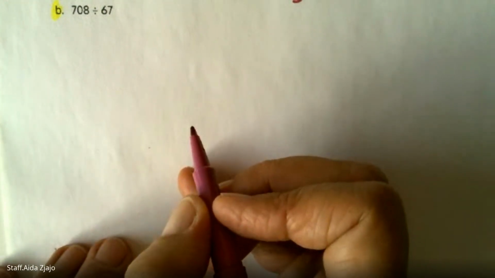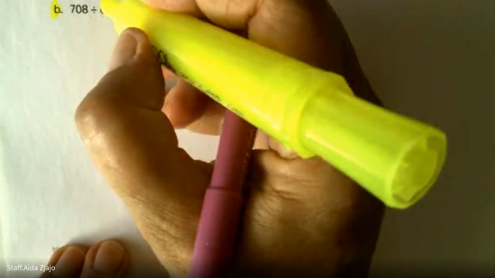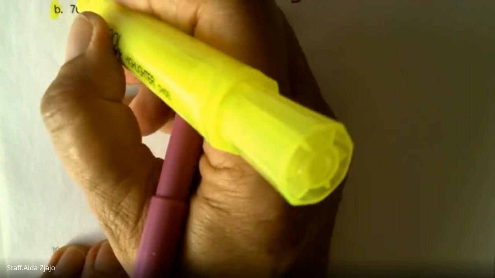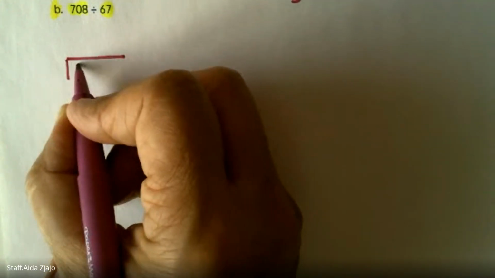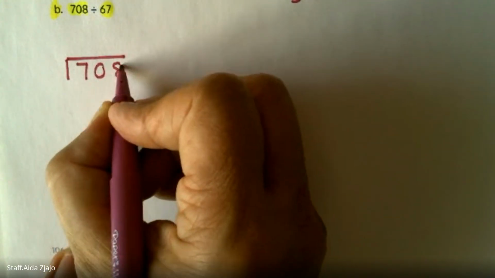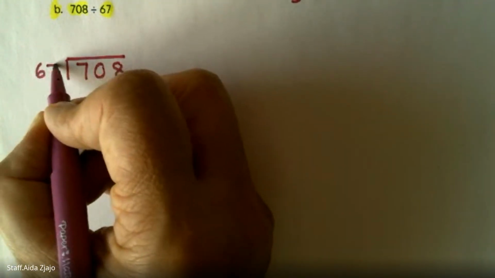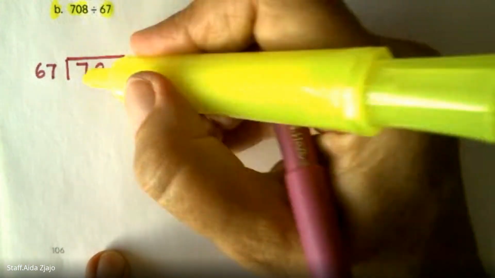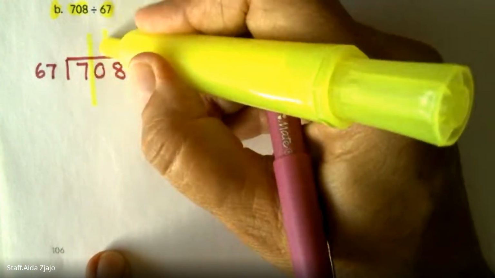So 708, how many groups of 67 are in 708? So when we write the equation, 708, the group is 67, I'm going to go 1 number at a time.